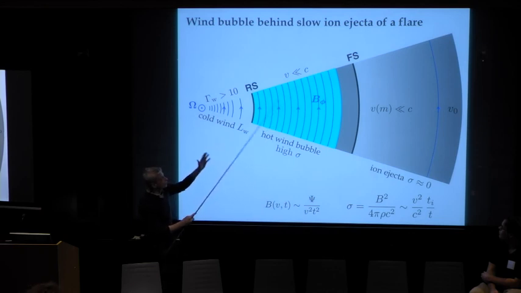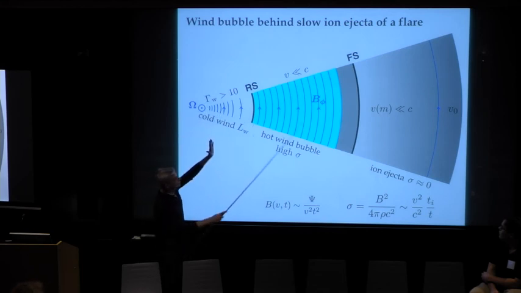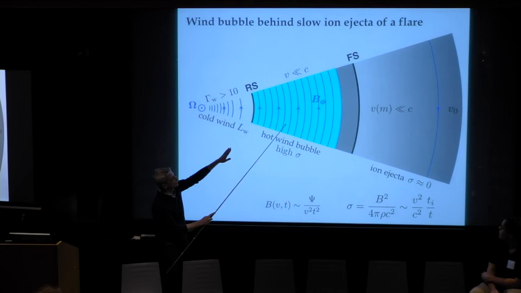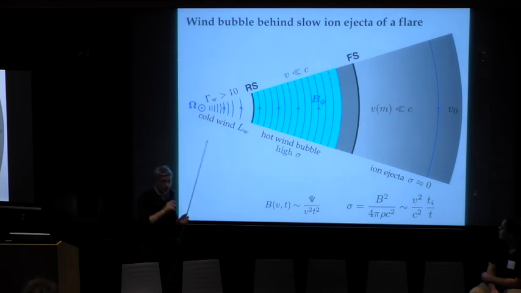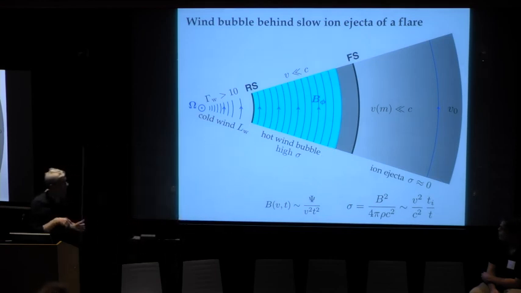Whenever you have this wind which is polluted with baryonic material, you always inflate bubbles behind it, and when the blast wave tries to hit the ion ejecta, it will always hit first the swept-up wind bubble behind it, and it will decelerate dramatically before coming to the ion material. So I don't think you can easily excite strong waves in the ion material in this way. So I think it's a problem there.